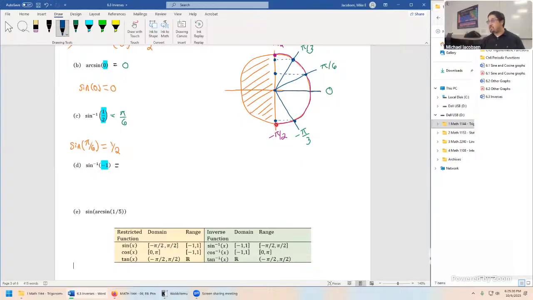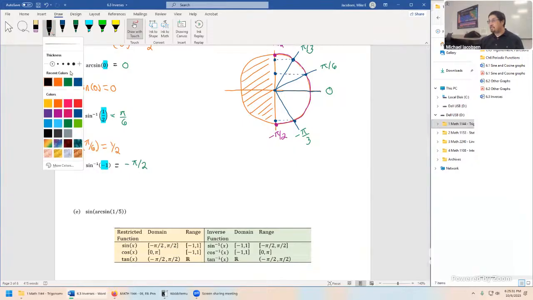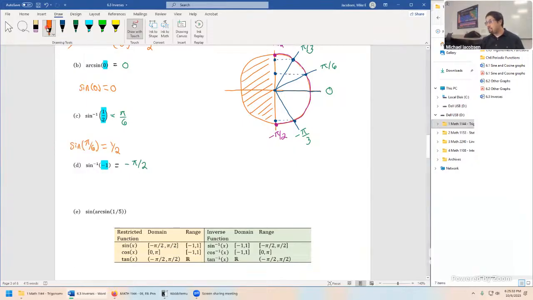That would tell us that this comes out as -pi/2. Right over here at -pi/2, the y coordinate is -1, since this is the unit circle. So it tells us as well that, well, if we evaluated sine at -pi/2, we would get a -1. And so that's matching our expectations so far.